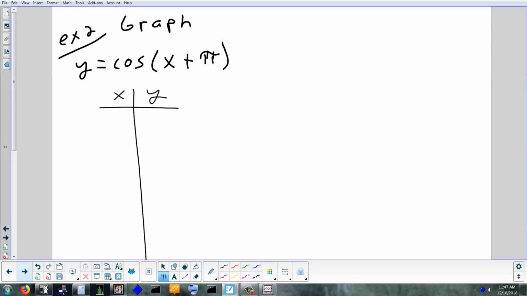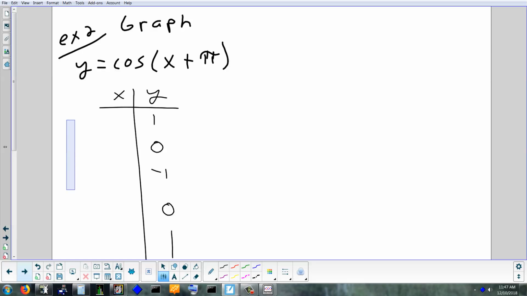Phase shift, I know, is going to change the x values. So the y's can all stay the same. What are my y values for cosine? The originals, yeah? 1, 0, negative 1, 0, 1. That's half your table. That's the easy half. So we got those done.